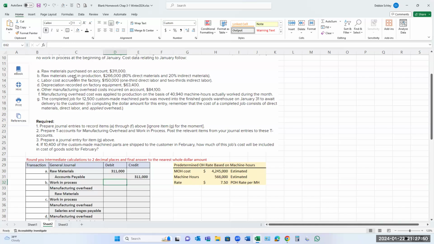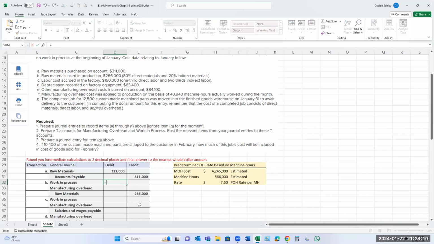All right, the raw materials used in production is 266,000. So that's my raw materials total that was used. So that's going to be my credit. Now, my direct materials is 80% of that.